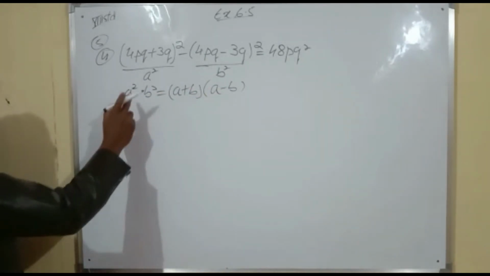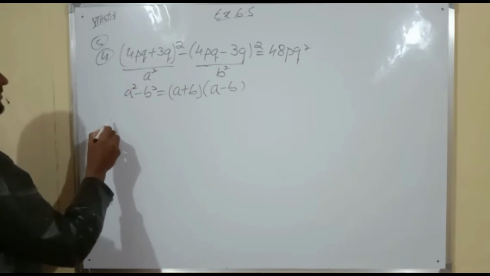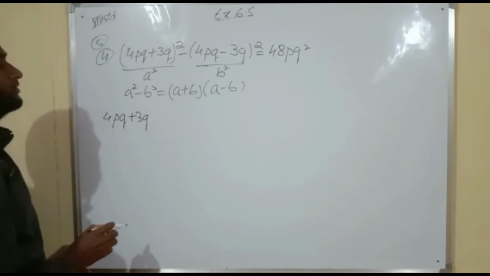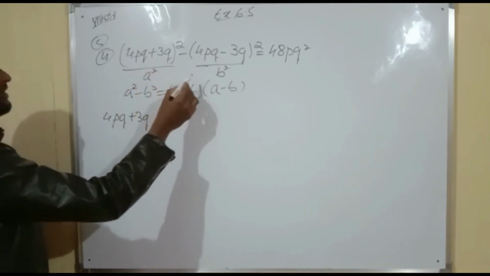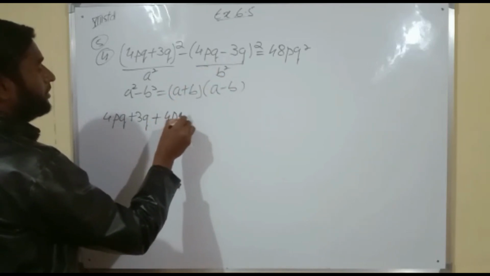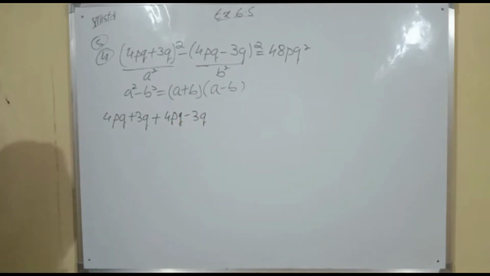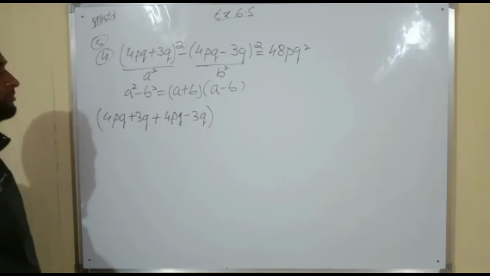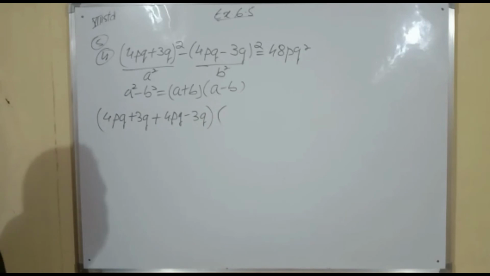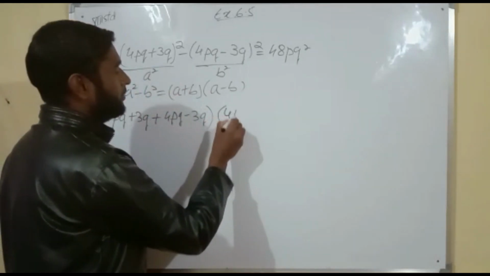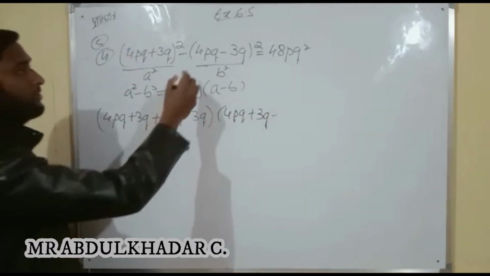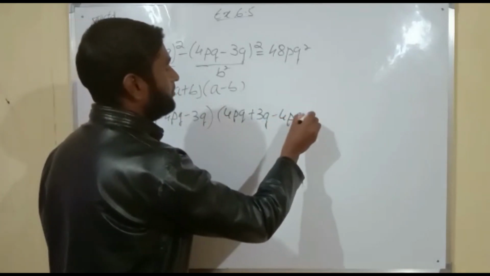Here a is 4pq plus 3q, and b is 4pq minus 3q. So a plus b is 4pq plus 3q plus 4pq minus 3q, and a minus b is 4pq plus 3q minus, b which is 4pq minus 3q.